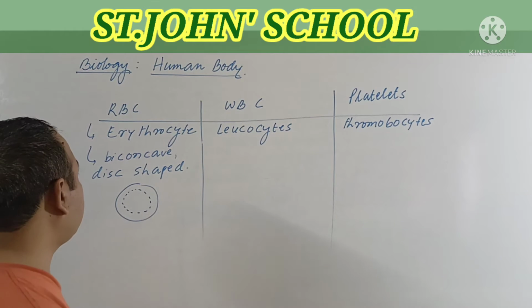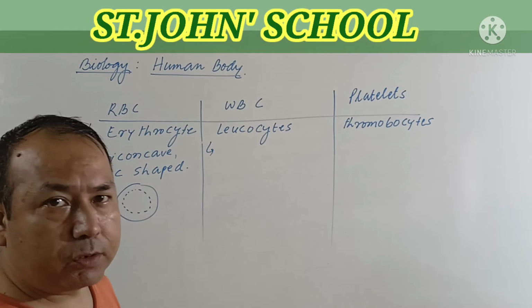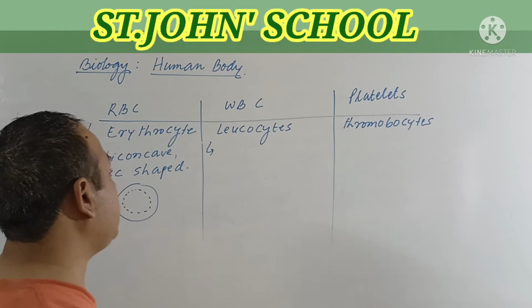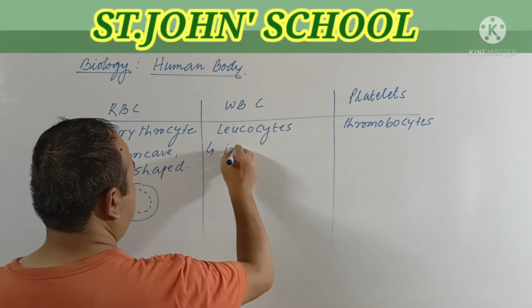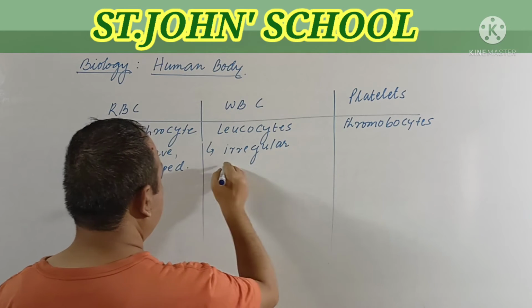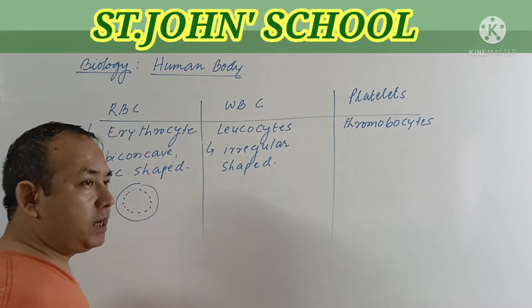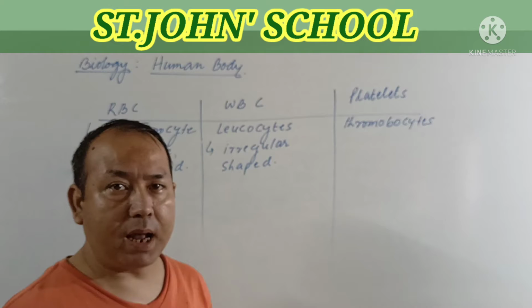Then leukocytes do not have any definite shape, so their shape is described as irregular shape, or sometimes we write amoeboid shape, amoeba-like.